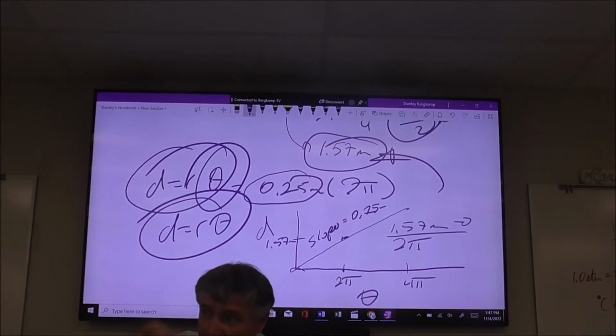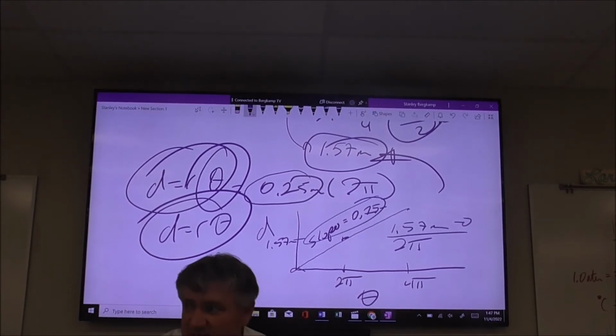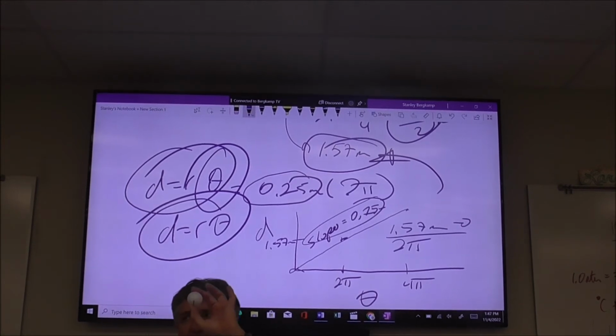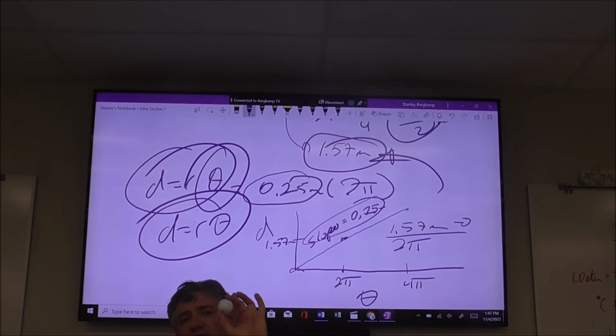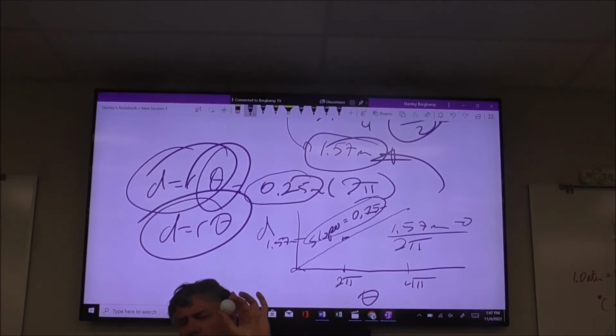Now, knowing that the slope of this line represents the radius, what would that line look like for the golf ball? One pointing straight up from the center, because the radius is the center to the outside.